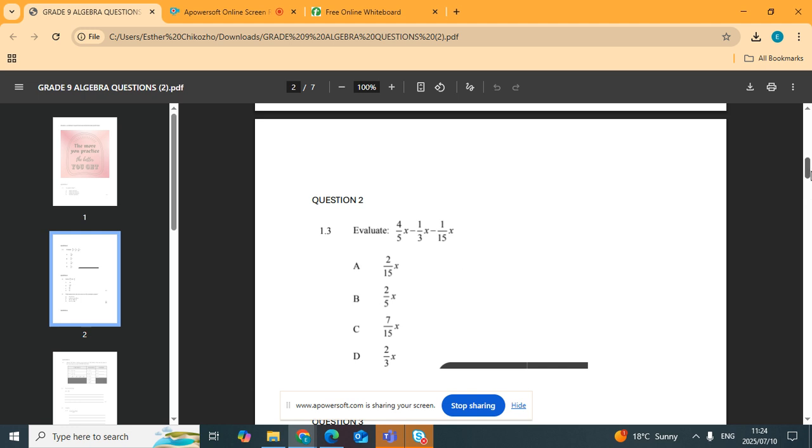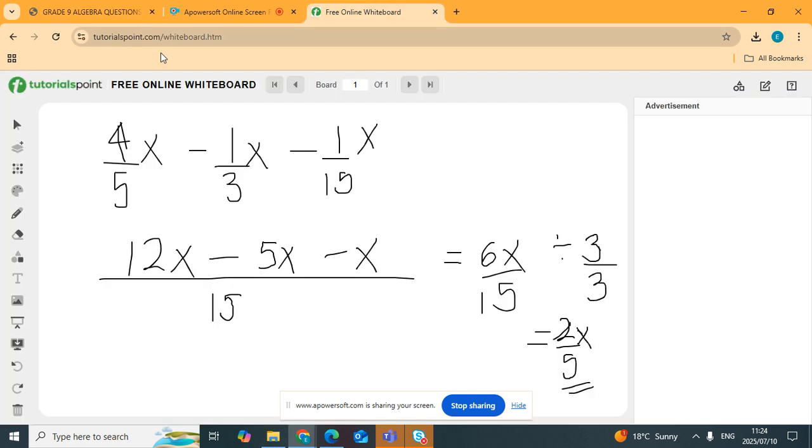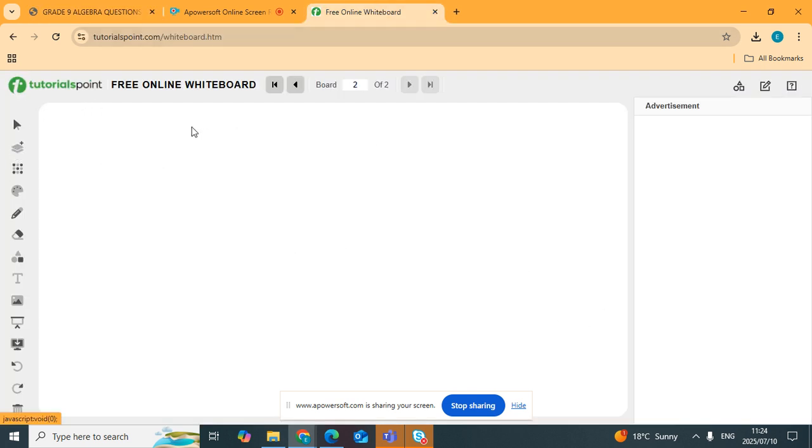Now let us go on to the next part, which is question 3a. They said subtract 3a over 9 from a minus 9. You should be very particular, especially about the wording that they put. They're asking you to subtract 3a over 9 from a over 9. So how do we do this?